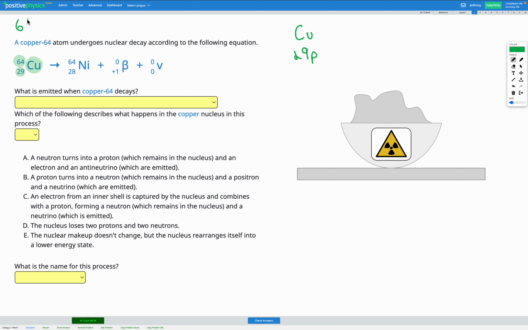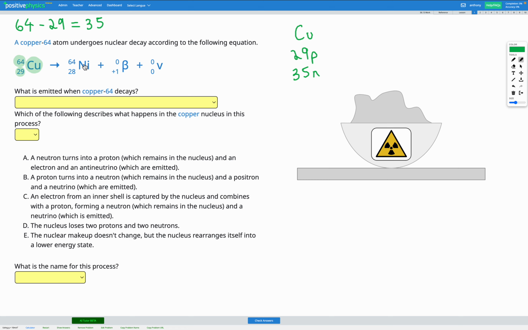So if we take the mass number 64 and subtract the atomic number 29, that will give us the number of neutrons, which is 35. So we've got 29 protons and 35 neutrons in our copper atom to start with.